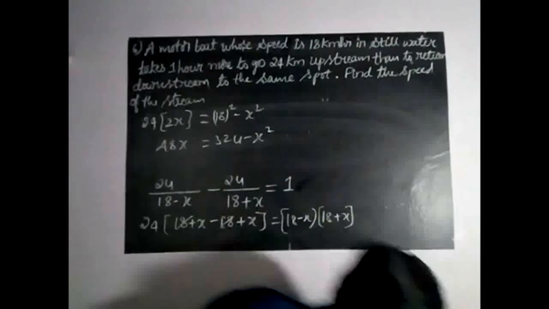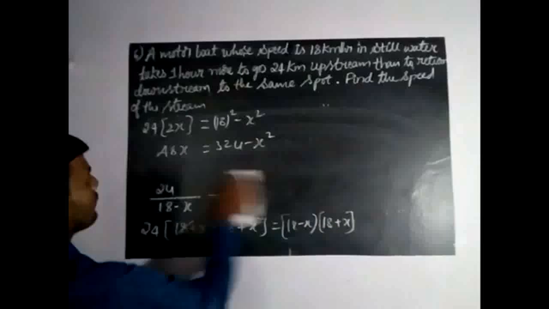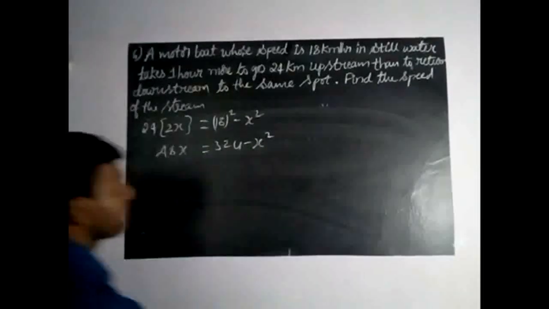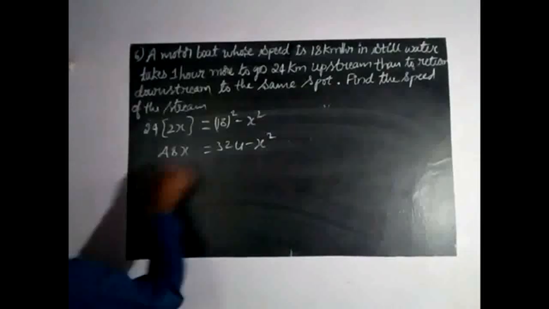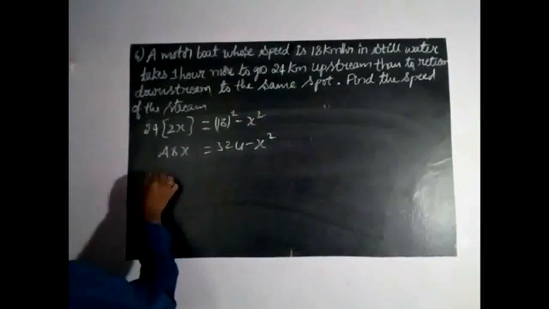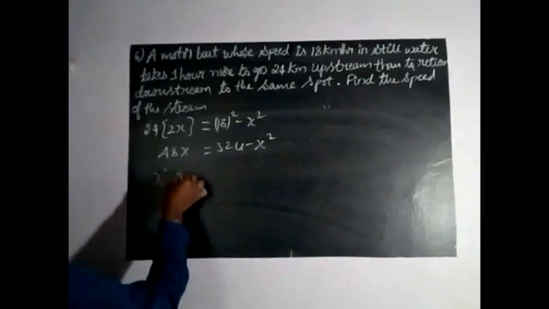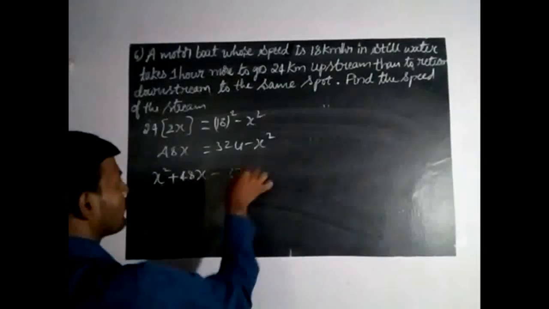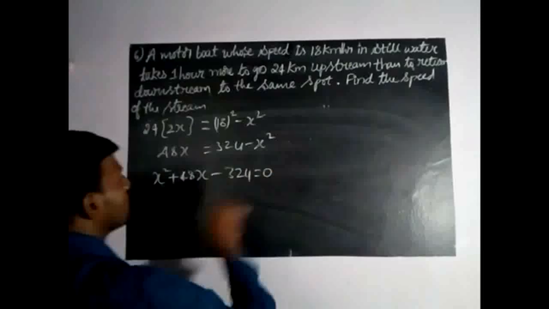Now simplify again, or transpose the terms to one side. Minus x square comes to the left side, it becomes plus x square, and 48x as it is, minus 324 is equal to 0.